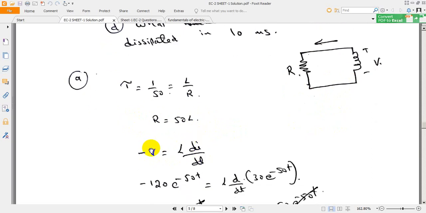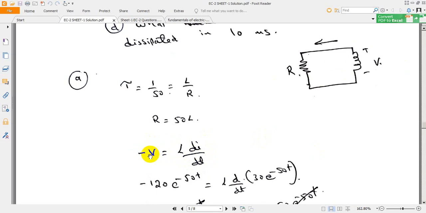The next thing is, we know the sum of the voltages in a closed circuit is equal to 0. So VR plus VL is equal to 0, where VL is the voltage across the inductor. Sending the voltage across the resistance to the other side, it becomes negative, so minus VR is equal to L di by dt.